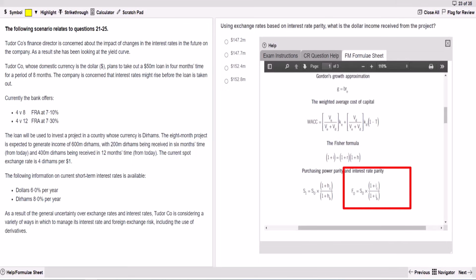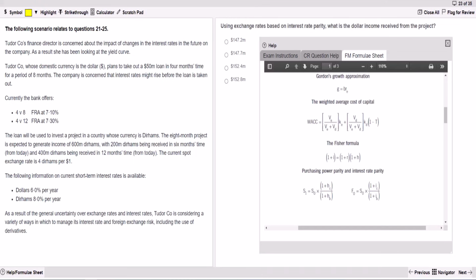Interest rate parity says the forward rate is the spot rate now times by 1 plus interest in the counter currency divided by 1 plus interest in the base currency. So we need to work out what is the base currency and what is the counter currency. And we need to then apply interest rates to that spot rate to get the forward rate.